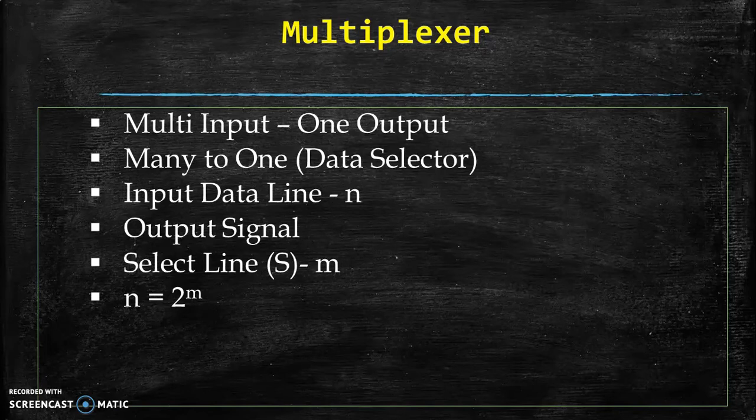For example, if we require 8 input lines, then 2 raised to power 3, we require 3 select lines. If input data lines are 4, then select lines, that is 2 raised to power 2. So 2 select lines are required.